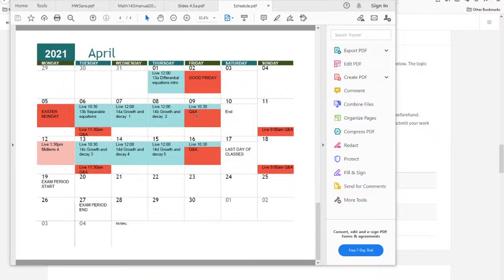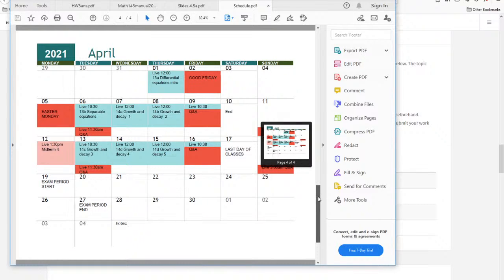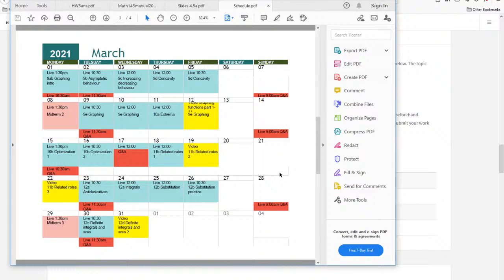Right, so even though it's not graded, I can at least post the answers, and then you can use that in preparation for midterm 4. Yeah, that makes sense. Good. Any other questions about the schedule or anything?